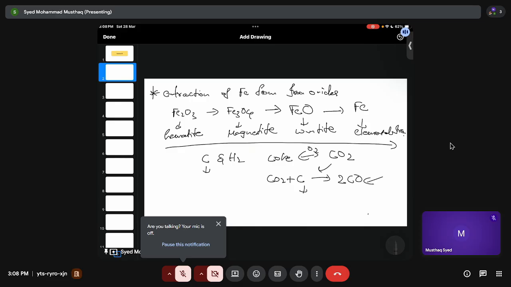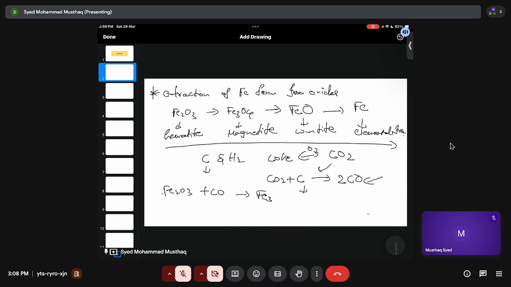This carbon monoxide is a highly reducing agent, and it can reduce your Fe2O3 to Fe3O4, because that is the first stage, and give carbon dioxide. So this is solid, this is gas, this is solid, this is gas.